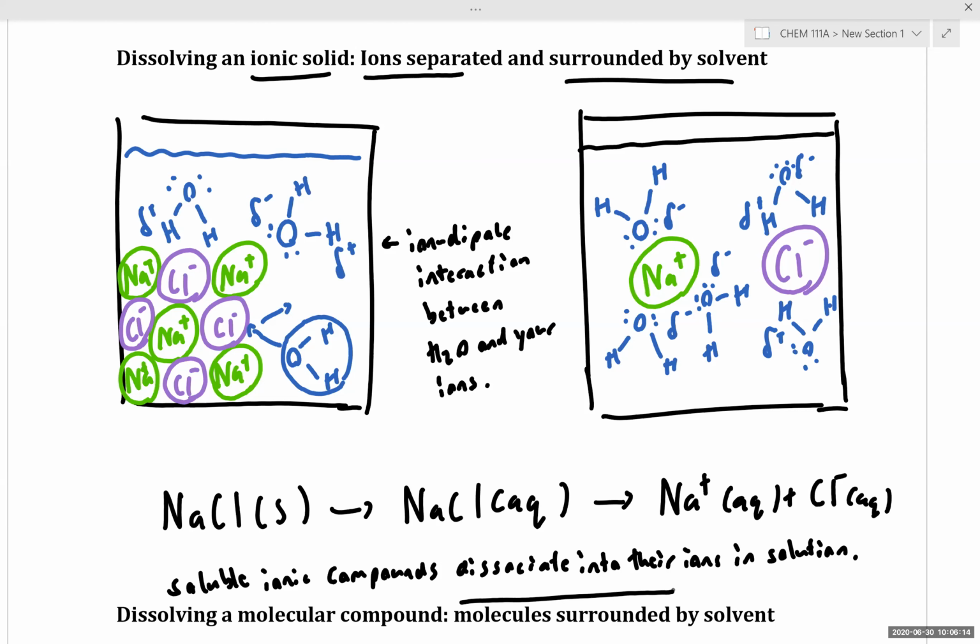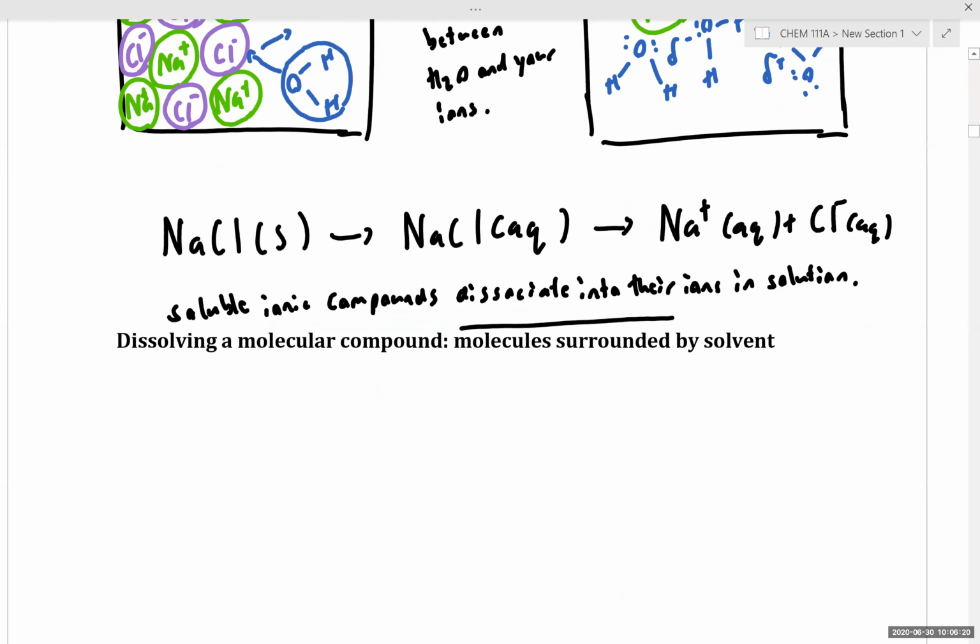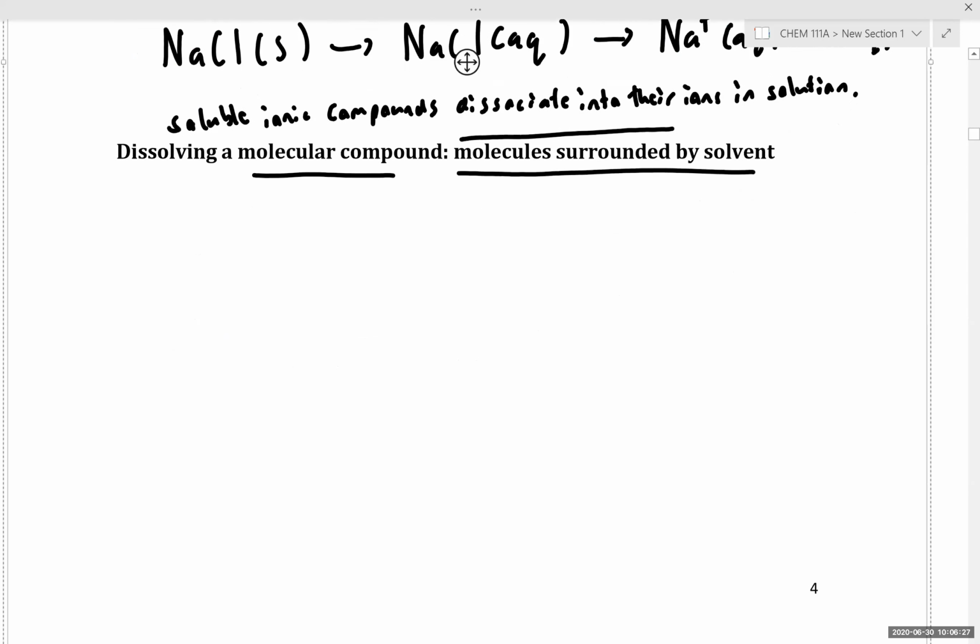Okay. So let's talk next about molecular compounds. For a molecular compound, your molecules are just surrounded by the solvent.